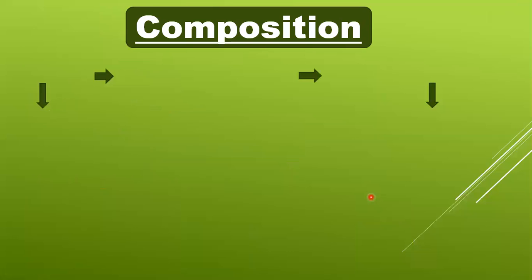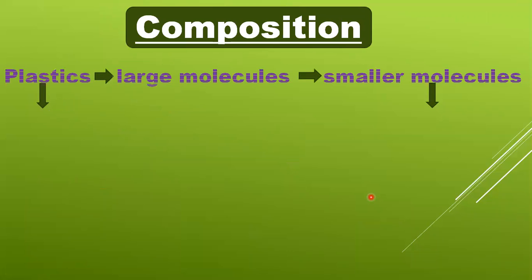Now come towards the composition of plastics, that is, how plastics are made. Plastics, class, are large molecules. It means that they are made up of many smaller molecules, and these smaller molecules are known as monomers.